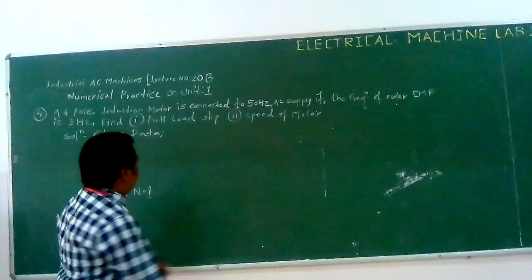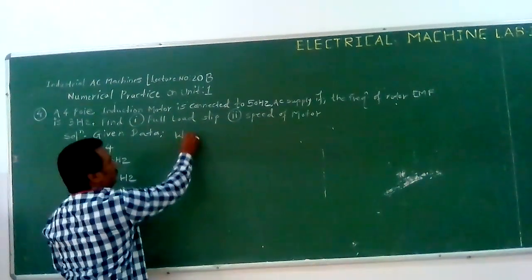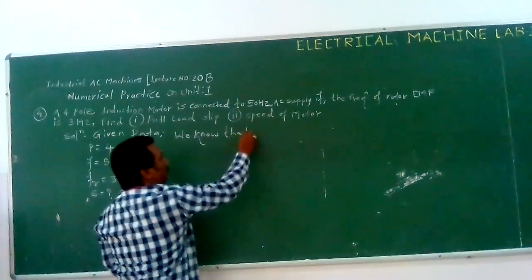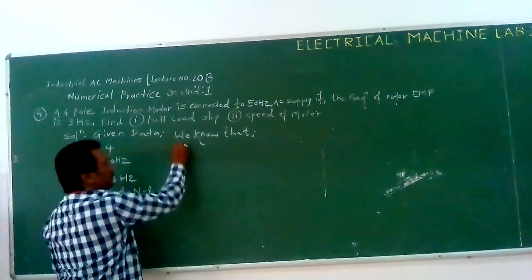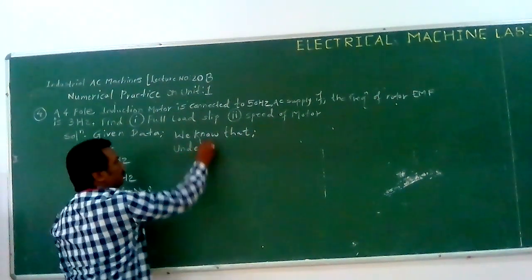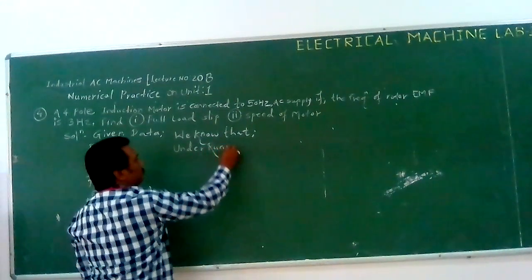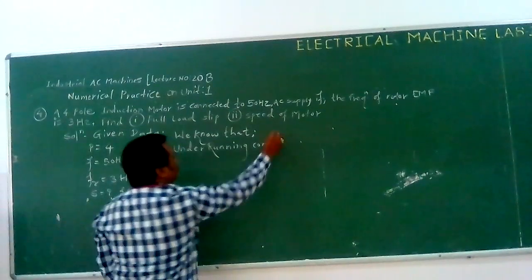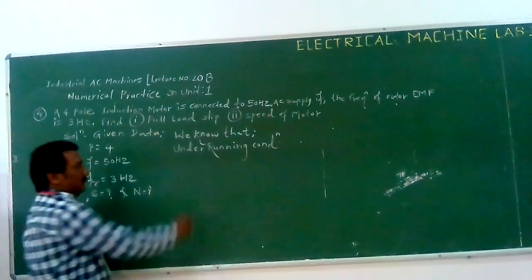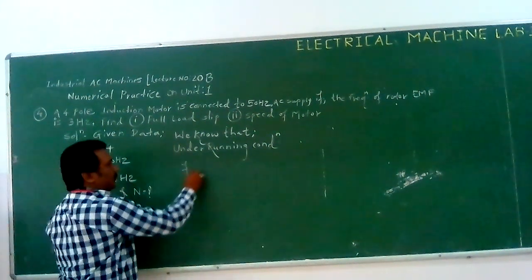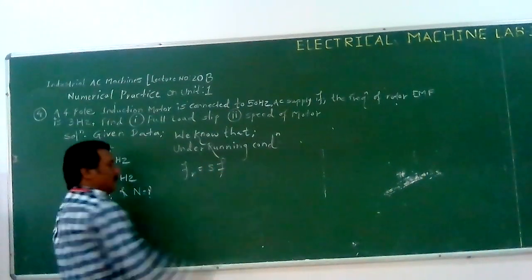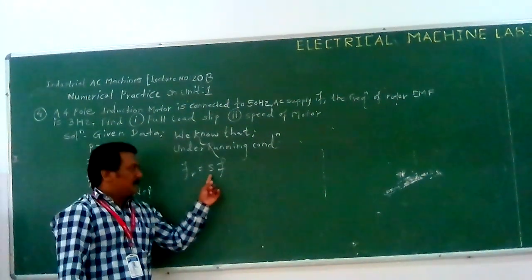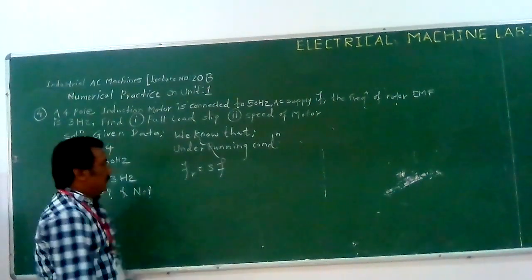Here we know that under running condition, Fr is equal to S f, meaning the frequency of the rotor induced EMF is equal to the product of slip and supply frequency.